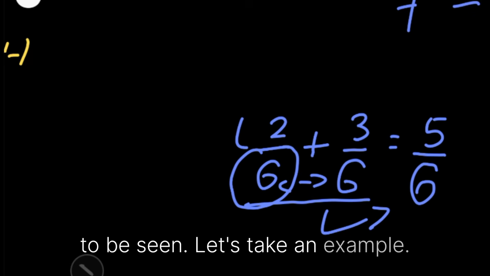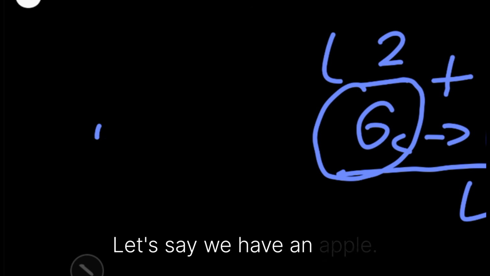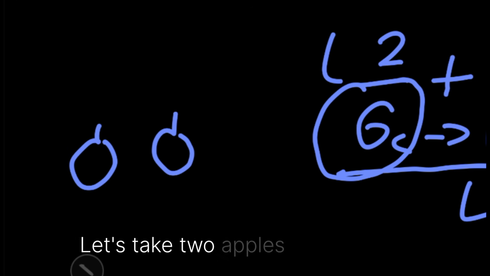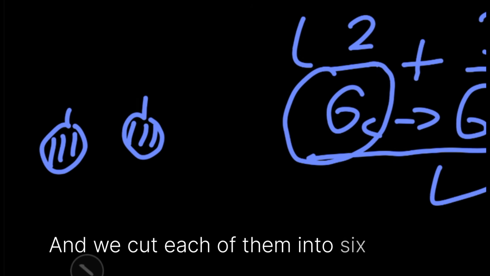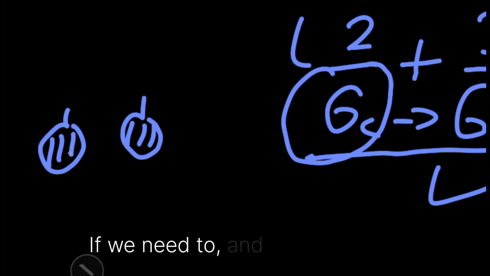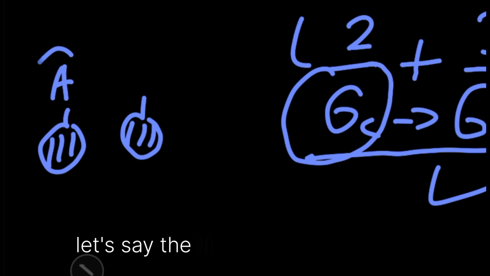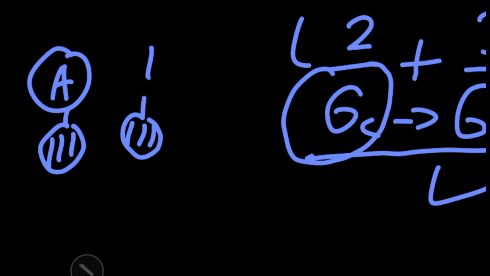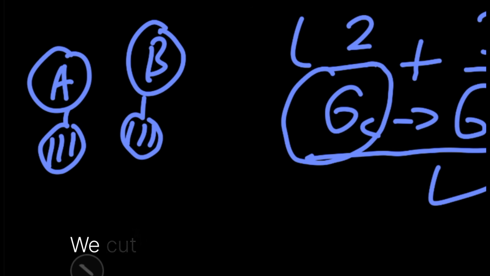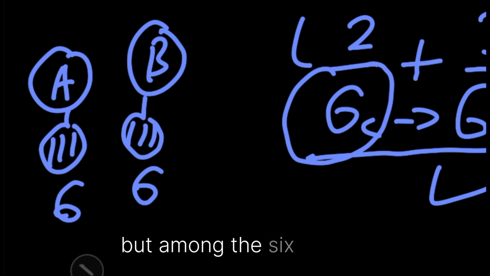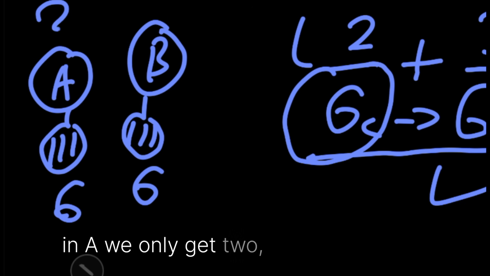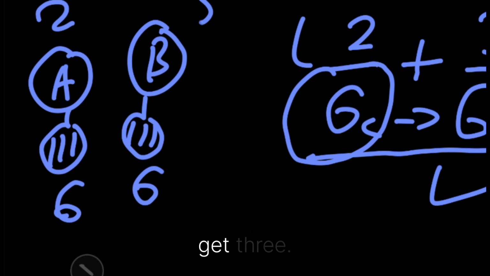Let's take an example. Let's say we have two apples, and we cut each of them into 6 pieces. Let's say the first apple is A and the second apple is B. Among the 6 pieces, in A we only get 2, and in B we only get 3.